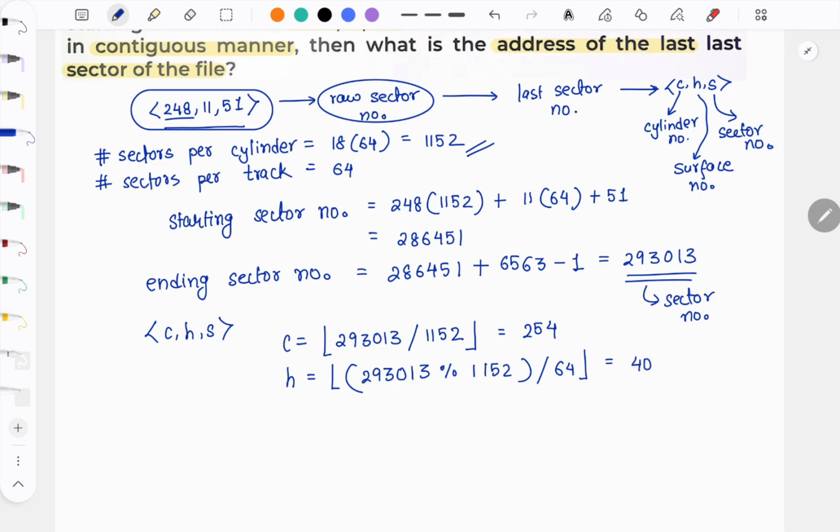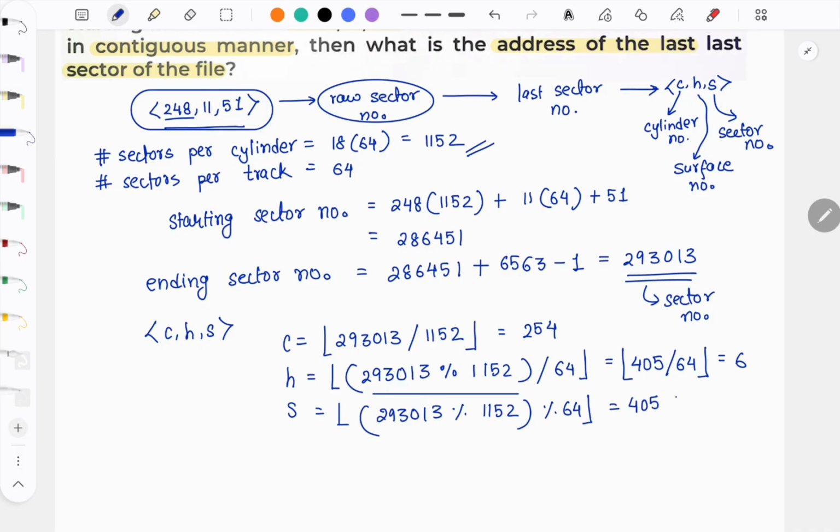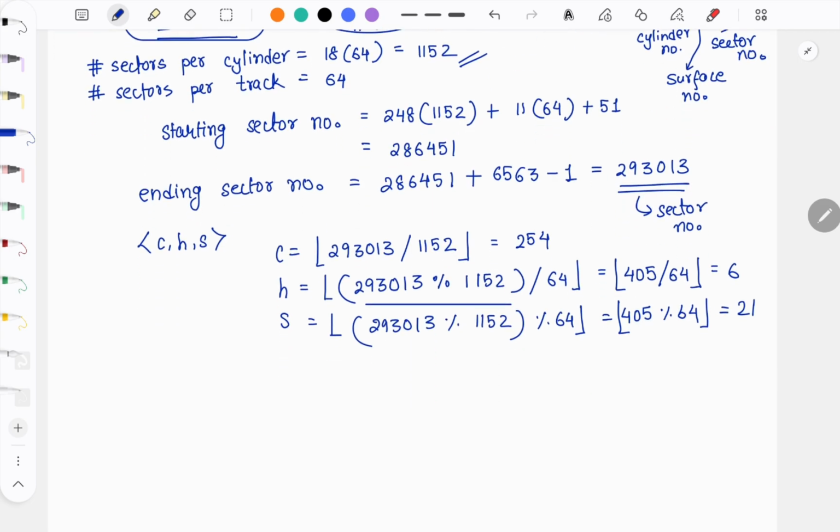We'll get 405 as remainder, and divided by 64, this will be 6. And for the sector number, we'll do the same thing, but instead of divide, we'll be using modulus. So the final answer will be 21.